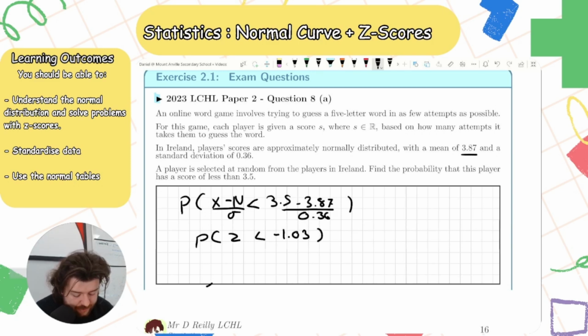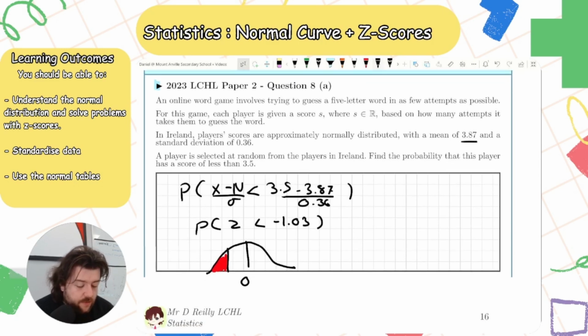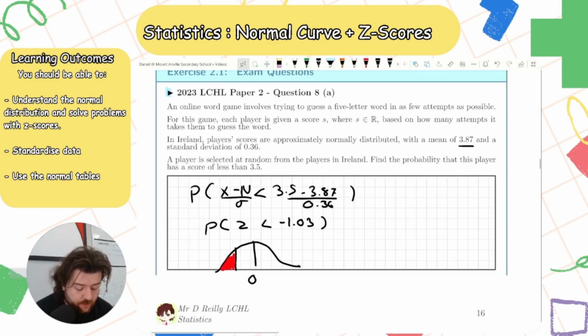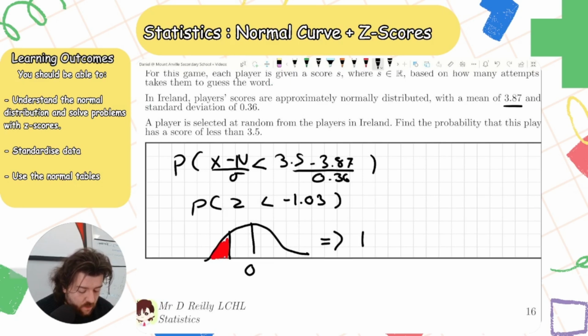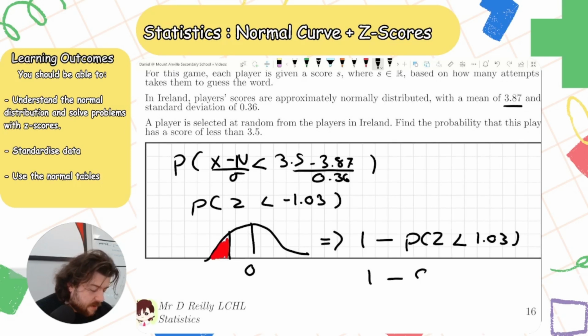So draw a sketch. There's 0, there's minus 1.03, and I'm looking for the probability less than it. I can't get negative numbers on my normal table. Sorry if I've never mentioned that before, but you can't get negative numbers on the normal table. So this will just be 1 minus the probability that z is less than 1.03, which is 1 minus 0.8485, which is equal to 0.1515.